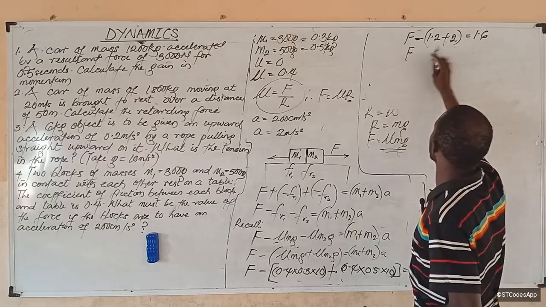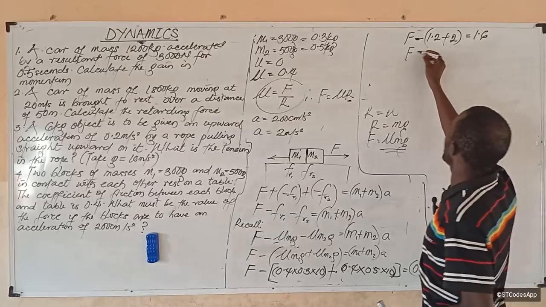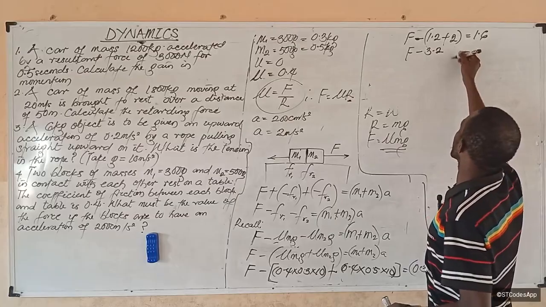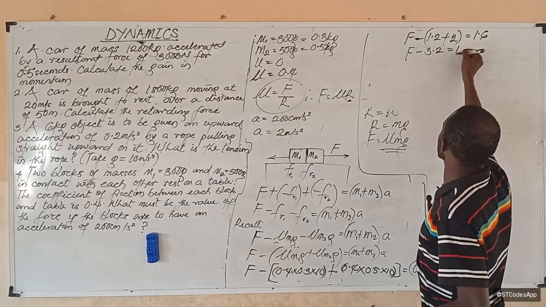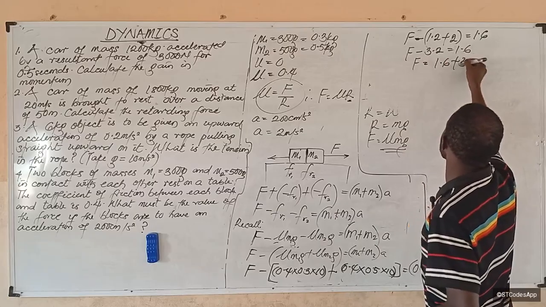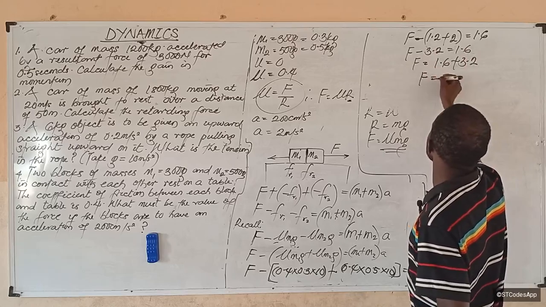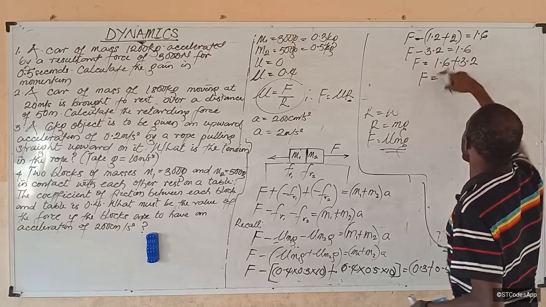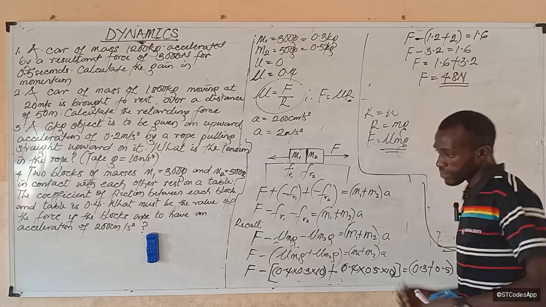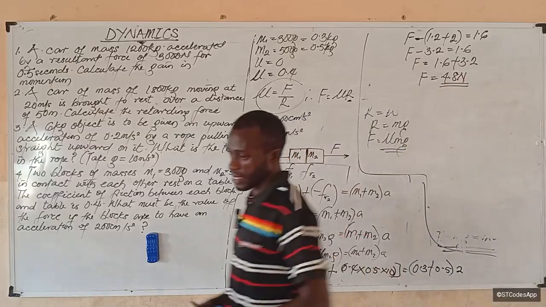So F minus this plus this is 3.2, equal to 1.6. So F therefore must be equal to 1.6 plus 3.2. F is equal to 4.8 Newton, and that is the answer.